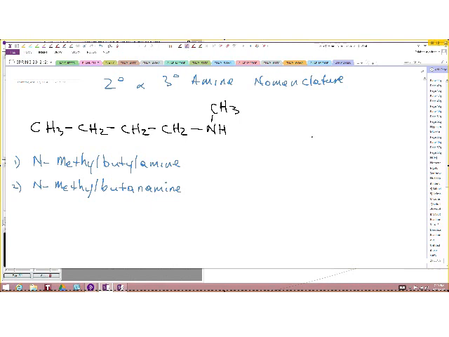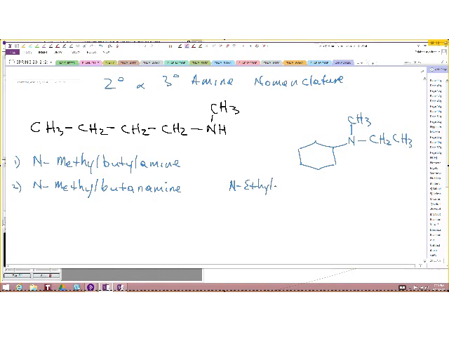Now supposing we have this, now this is a tertiary amine. In this case, the base name will be the more complex alkyl group. It will be the cyclohexane ring, and then you indicate that you have methyl and ethyl attached to nitrogen in alphabetical order. So this becomes N-ethyl.